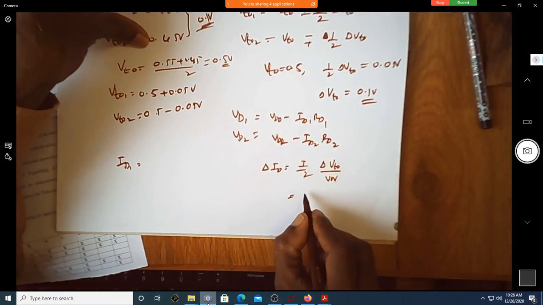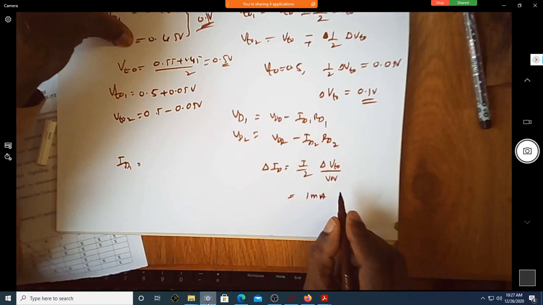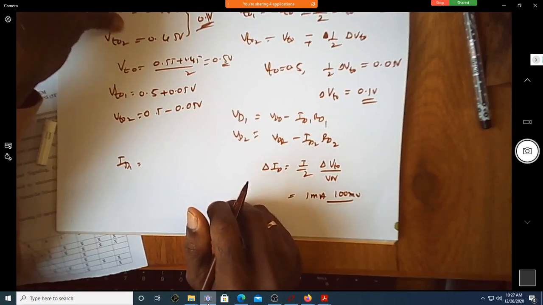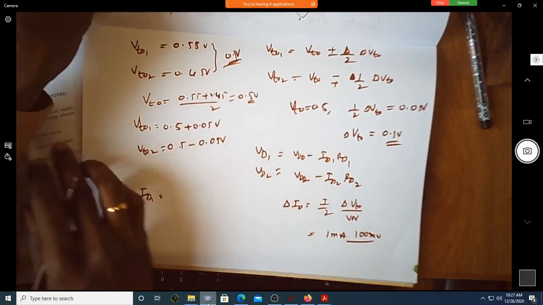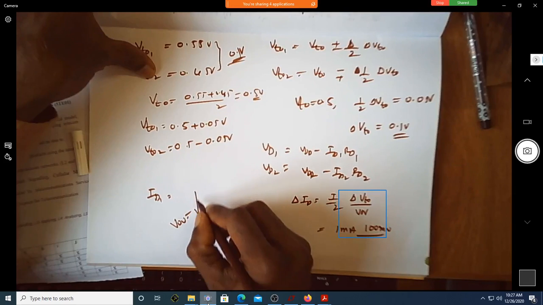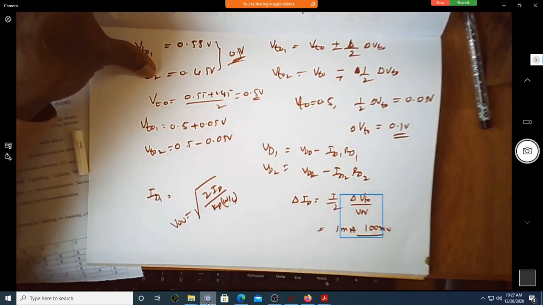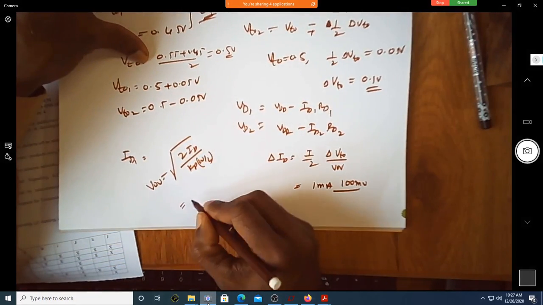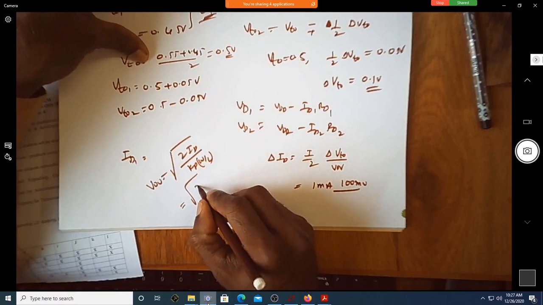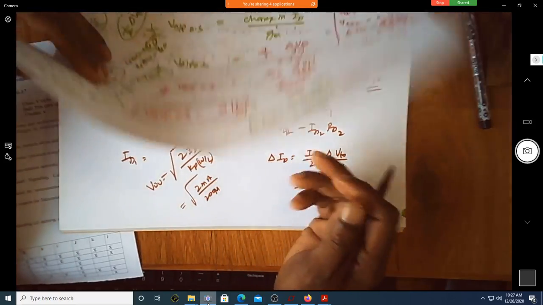How much is I by 2? 1 milliampere. How much is delta VTO? 100 millivolt. How much is VOV? That I need to calculate for these specifications. How much is VOV now? It is again the square root of 2ID by Kp W by L. Okay, let me just find out. Is it 2 milliampere? This is 200 micro. How much is W by L for this given problem?